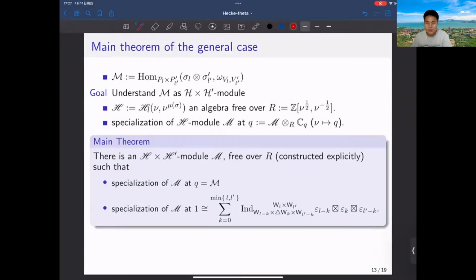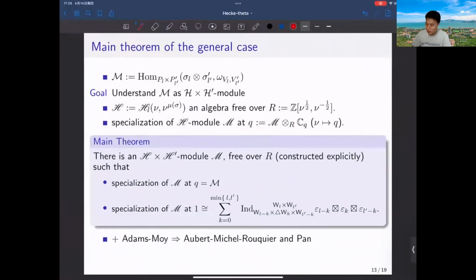Okay, so from this formula, basically you have WL, you have WL prime, then we have diagonal WK inside here, and you have the rest of WL minus K and WL prime minus K. Okay, which we always put the quadratic character at this place.